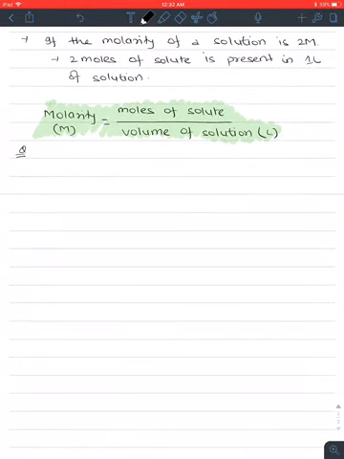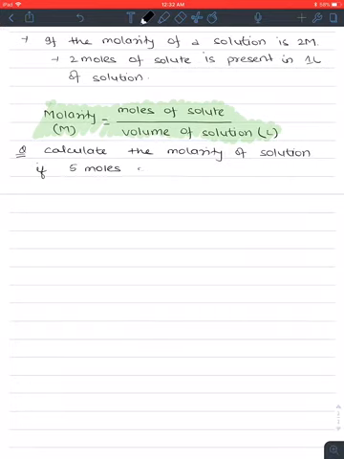First problem: calculate the molarity of a solution if 5 moles of H2SO4 is present in 10 liters of solution.